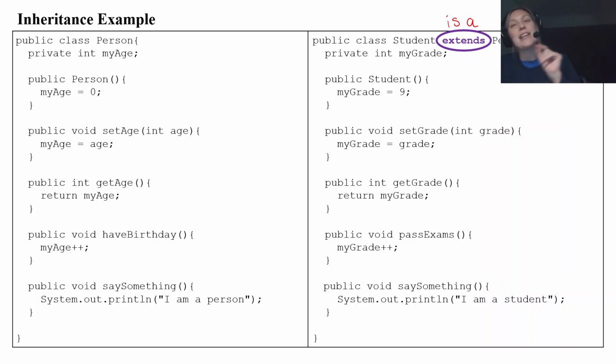All with that single keyword, extends, which represents is-a. Now, notice the opposite isn't true. A person is not necessarily a student, right? Like me, I am a person, but I am not a student. The relationship does not work both ways. It is a one-way relationship. Student is a person, but a person isn't necessarily a student.